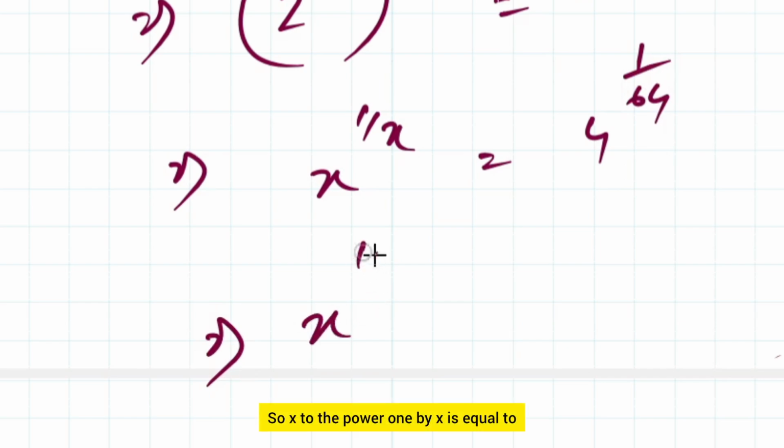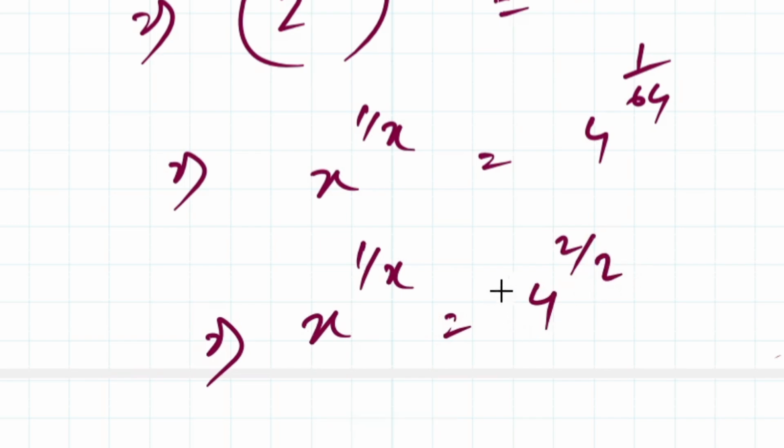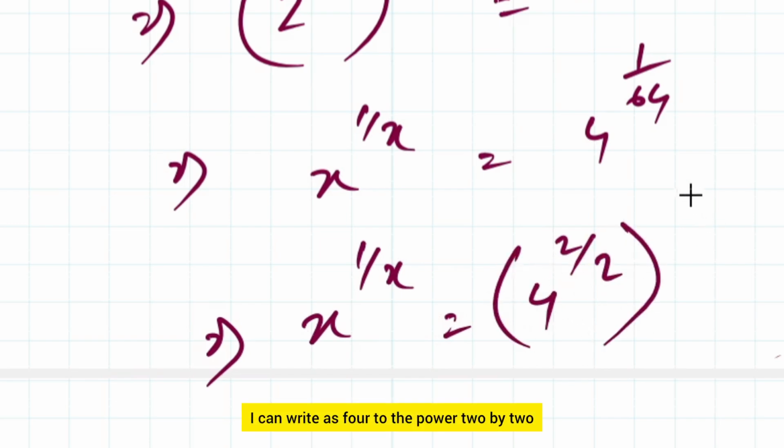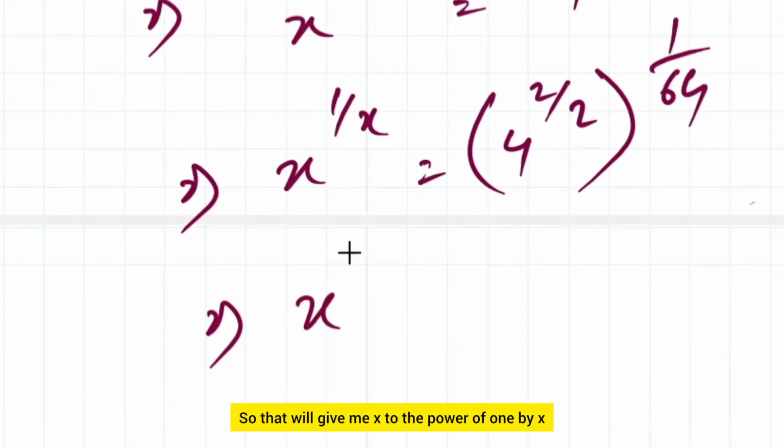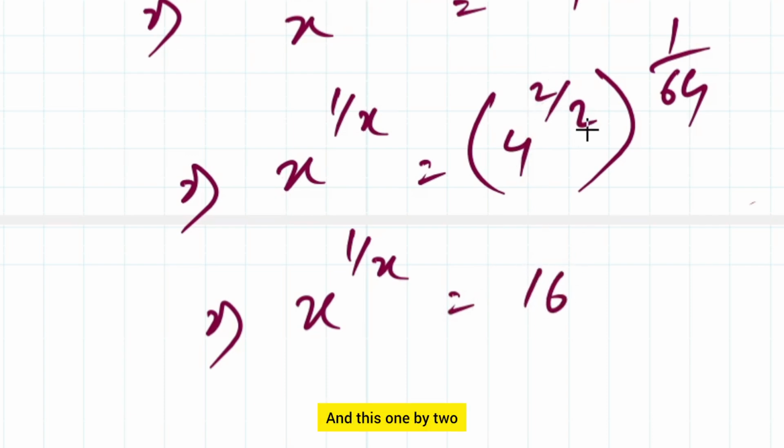So x to the power 1 by x is equal to 4 to the power 2 by 2, 1 by 64. That will give me x to the power of 1 by x, and 4 to the power of 2 is 16. And this 1 by 2 which is left here, I'm going to multiply with 1 by 64.